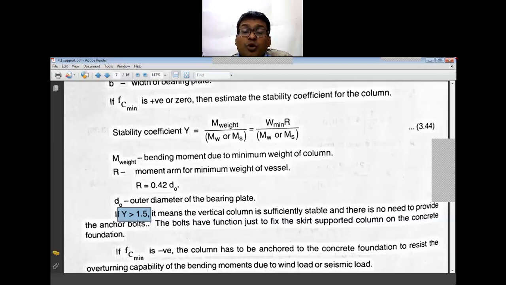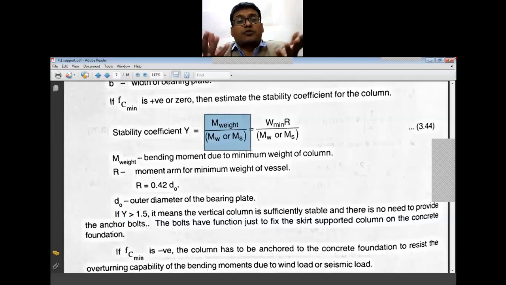There is no need to provide the anchor bolts, because the weight of the vessel itself is sufficient to prevent the overturning because of the wind load or seismic load. If a person is so stable, so heavy, will it make any difference if you push him? No. So the weight of the vessel itself keeps it very stable.